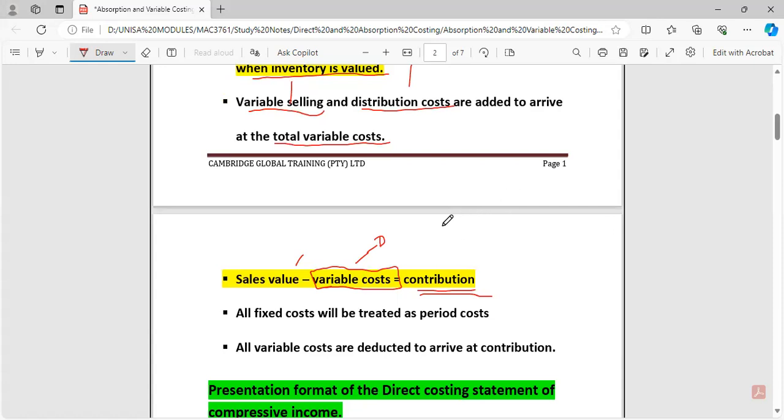So that's another area that you should look at when you are busy with your questions. Does the question require me to use direct costing or absorption costing? Right, you will see the difference. I will try to point out the difference between direct costing and absorption costing.